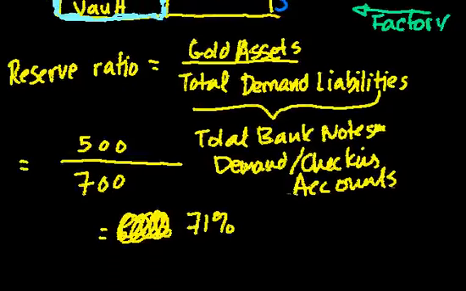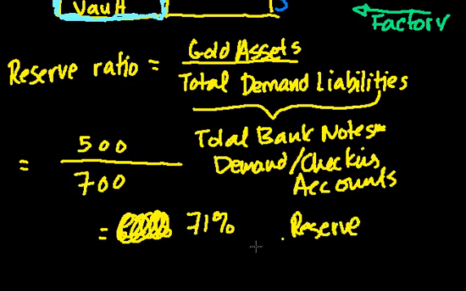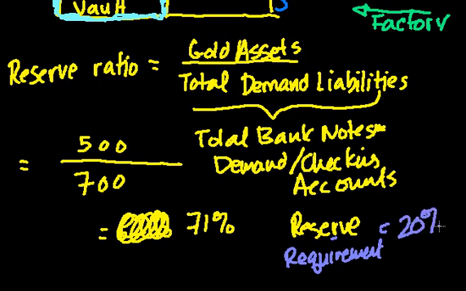So right now in the United States, although we're not on the gold standard, you could imagine in this world, our bank regulators might say that your reserve ratio on demand accounts, the amount of gold you have to set aside for checking accounts, the reserve requirement, let's say they want to be safe, let's say they want to make it 20%. In the U.S. right now it's 10%, although the reserve commodity isn't gold anymore. But let's say your reserve requirement is 20%.